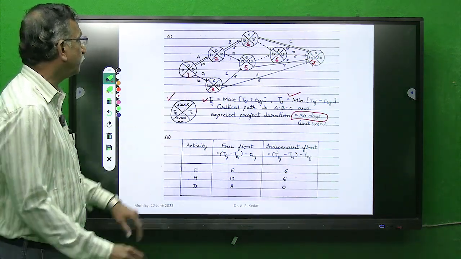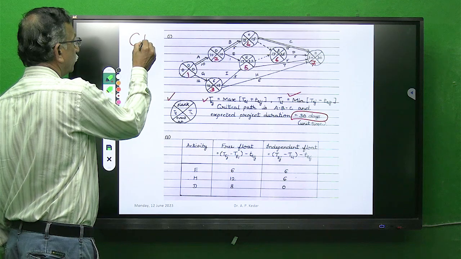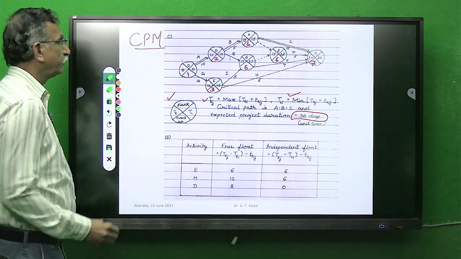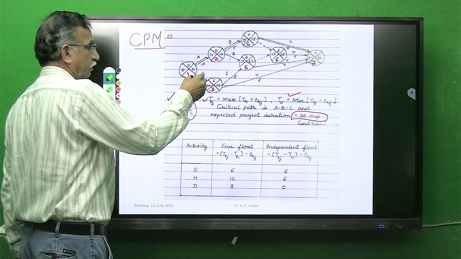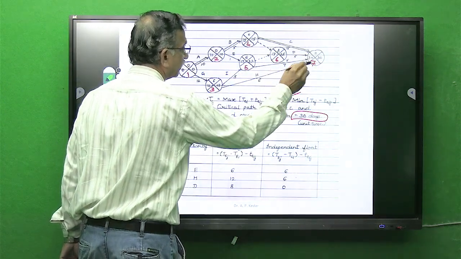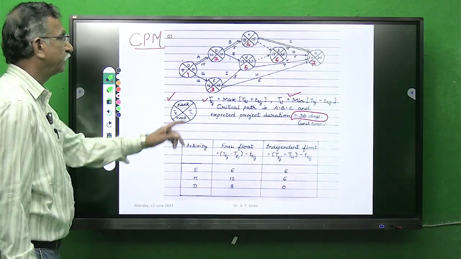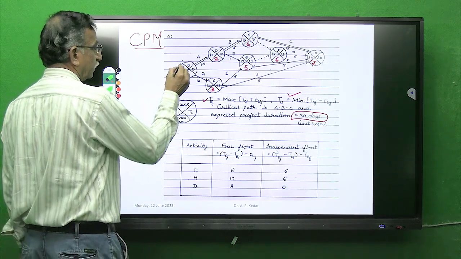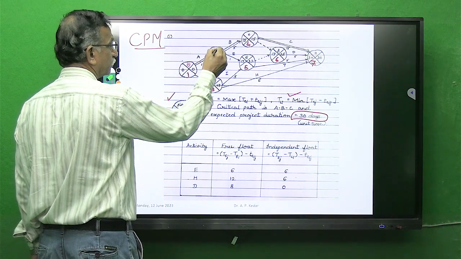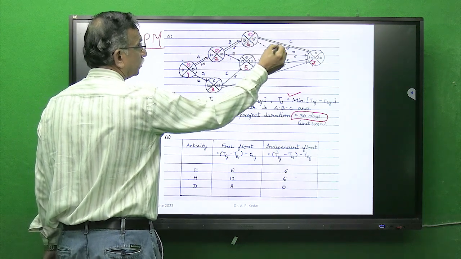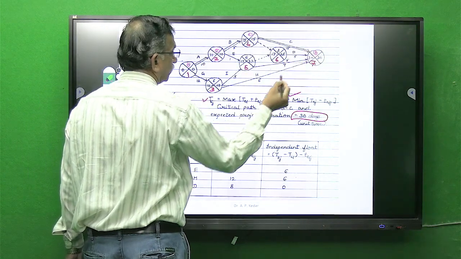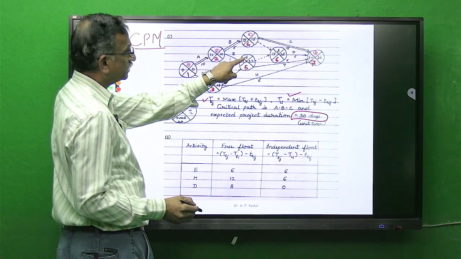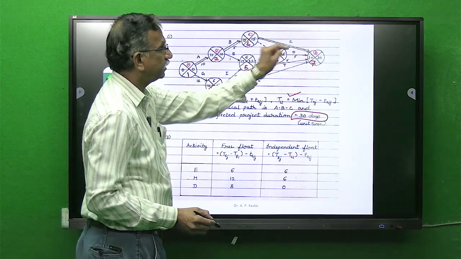So the problem belongs to the CPM category, critical path method category, where the methodology till finding the critical path is the same. And you can see here, I will again mark that with color. This is the value of slack 0, 0, 0, 0, whereas here the value of slack is 6, here it is 6, here it is 8, and here it is 0.